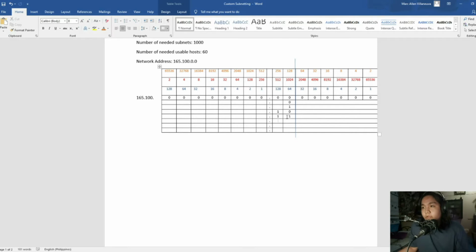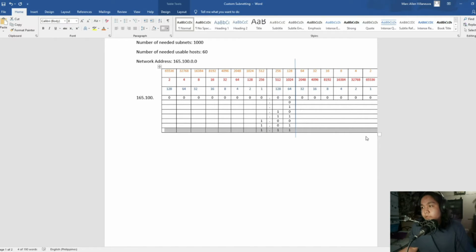Since we already stopped at 11, or the tenths, we need to proceed to hundreds. So we're going to make that 1, 0, 0. Next, it will be 1, 0, 1. The next will be 1, 1, 1. So we've already reached 11 again.